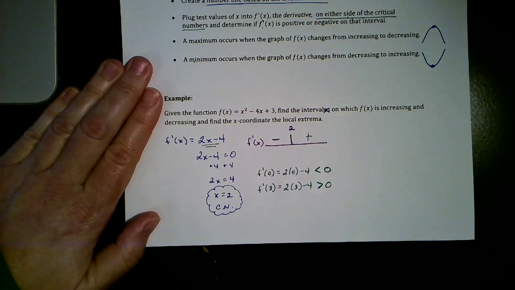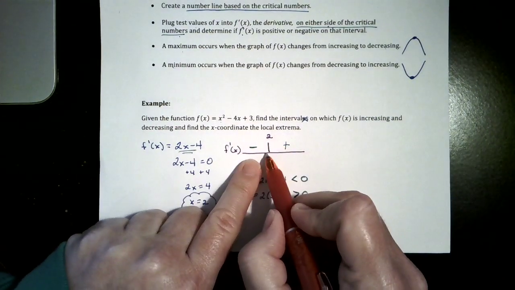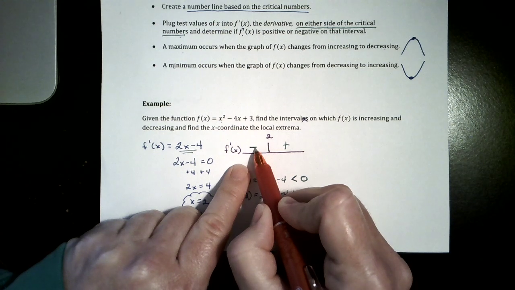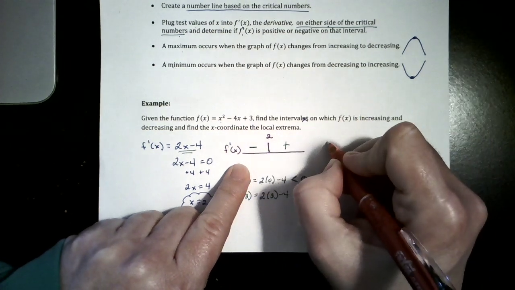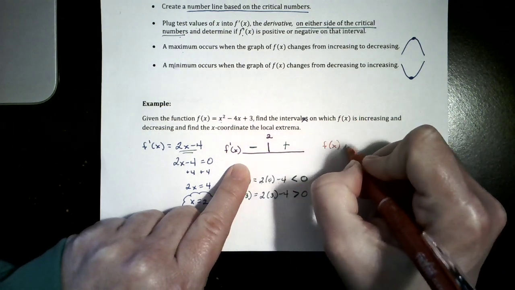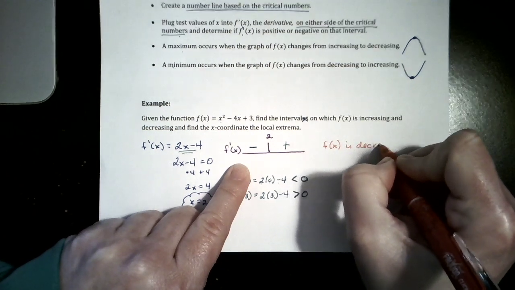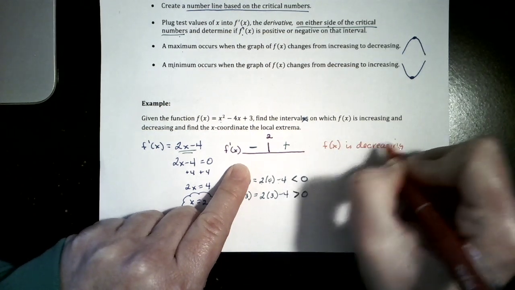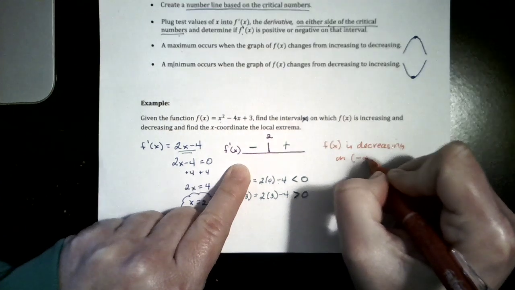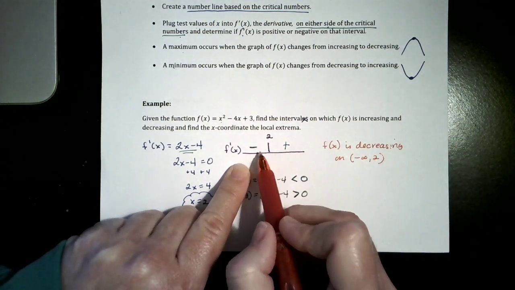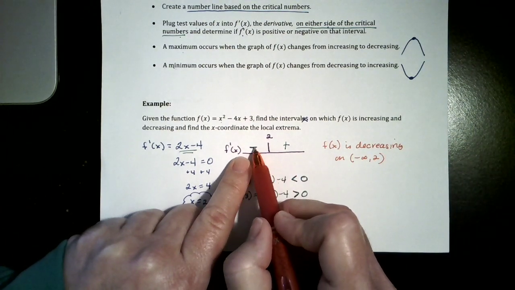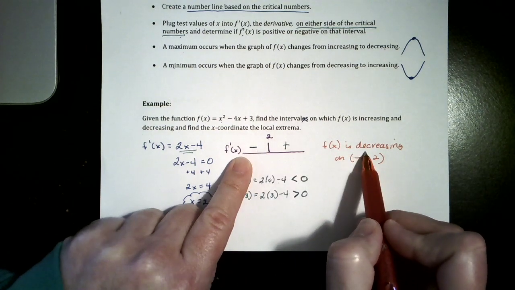So let's think about what this tells me. If my derivative is negative to the left of 2, that tells me that the original function is decreasing on the interval negative infinity to 2 because the derivative is negative. If the derivative is negative, the original function is increasing, right?